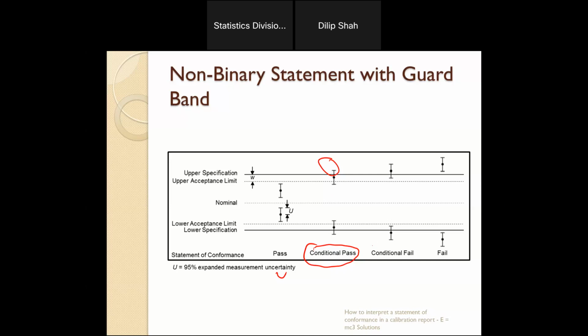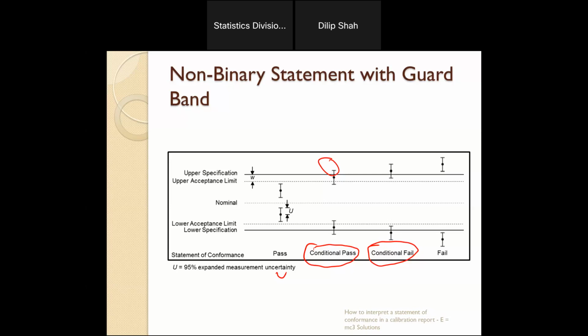And in the third scenario, the measurement is beyond the upper and lower specification limits, but part of that measurement uncertainty is within the specification limit, so it is a conditional fail. And then obviously the fourth scenario, the measurement and the associated uncertainty is beyond the specification limit, so it is a fail for that scenario.